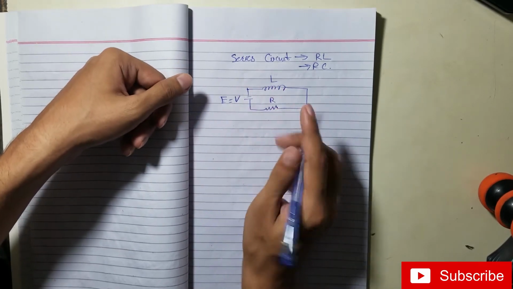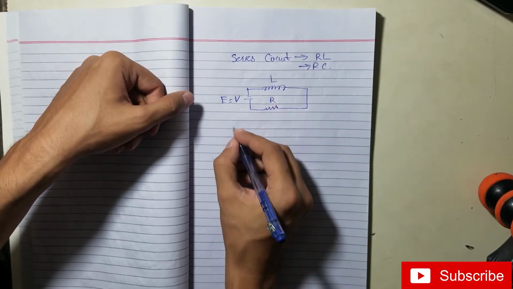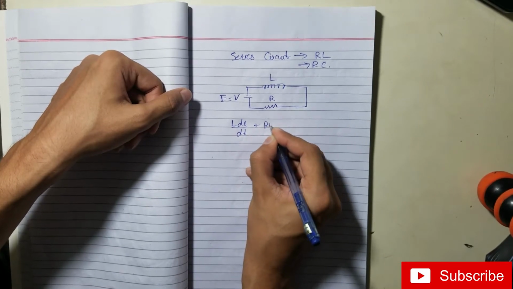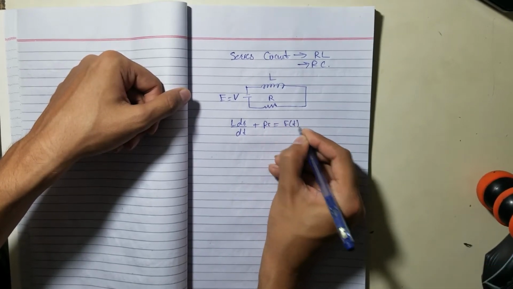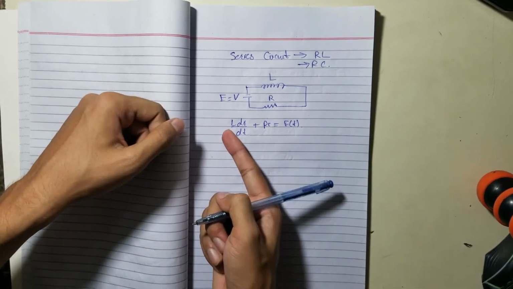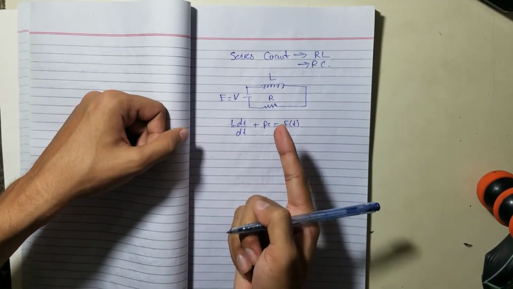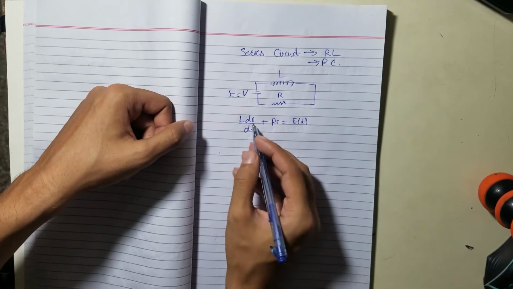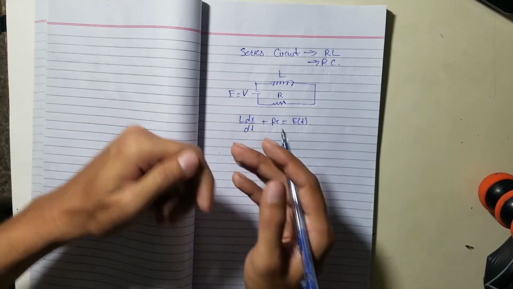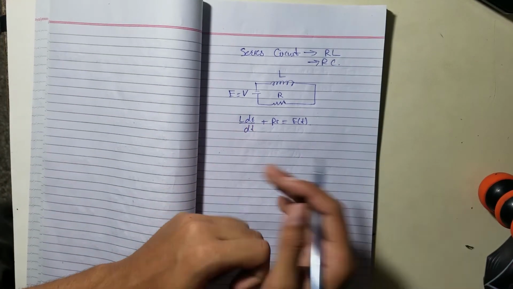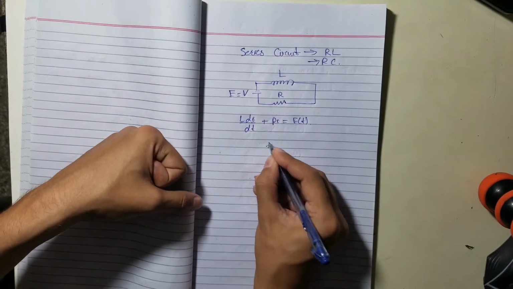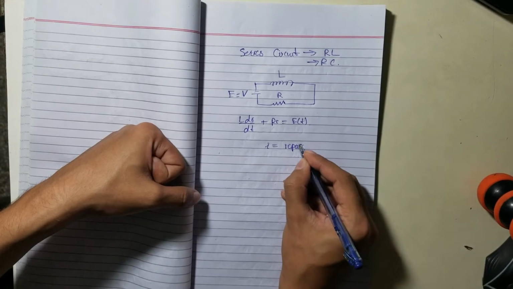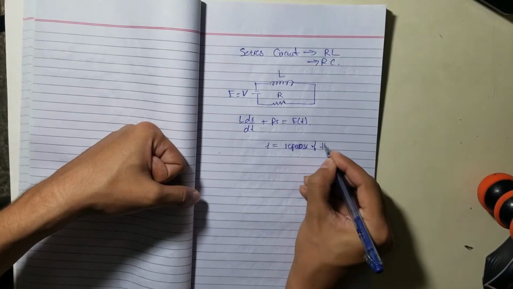So writing this equation, the voltage drop across the inductor is L di/dt. The voltage drop across the resistor is Ri, and that is equal to E(t), where L is the inductance of the inductor, R is the resistance, and i is the current. This current is also called the response of the system.